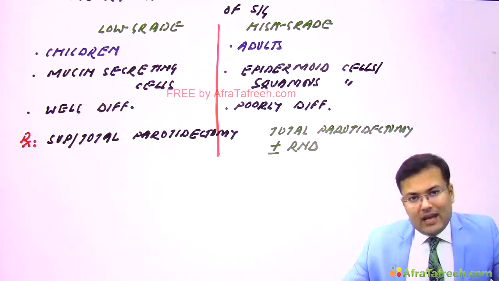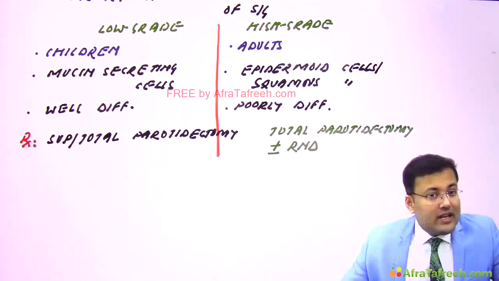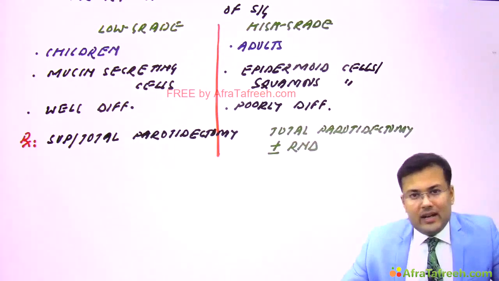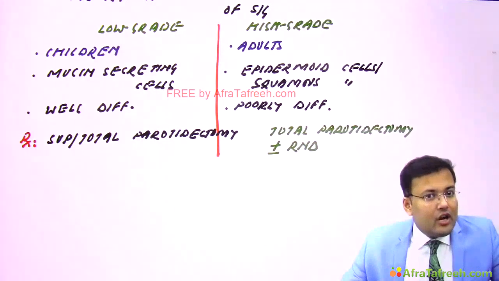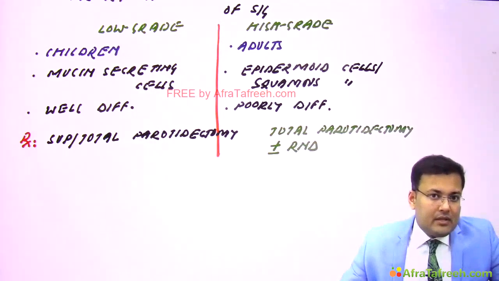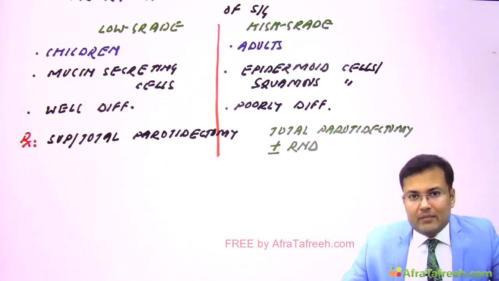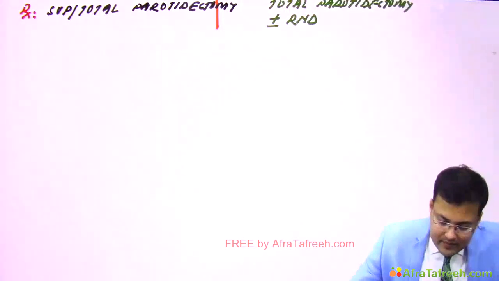There is another malignancy which is exclusively located in the parotid. Why? Because it resembles normal acini of the salivary gland. So if it resembles normal acini of the salivary gland, what should be the name? It is acinic cell carcinoma. It's a rare malignancy.